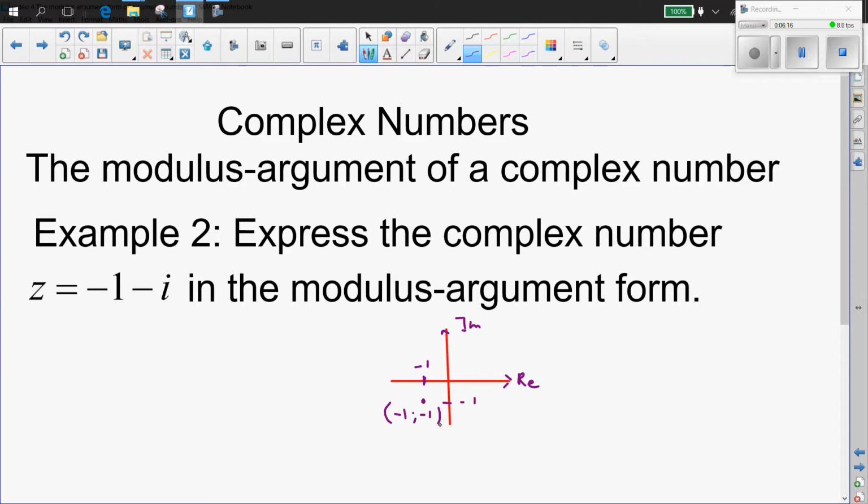If we draw the ray, we see that this is the angle theta, or the argument of z.